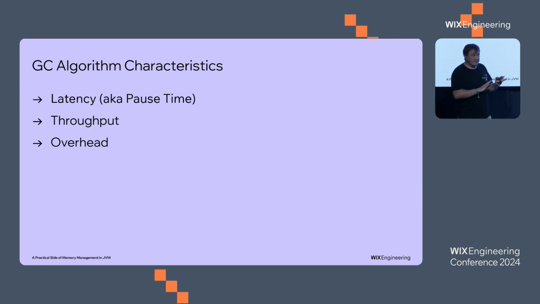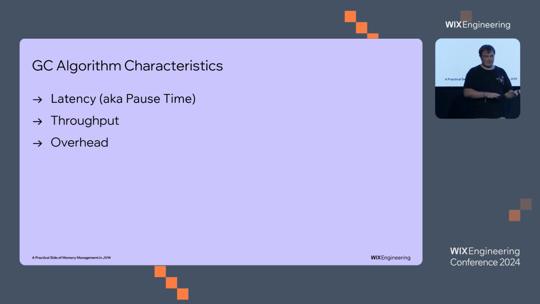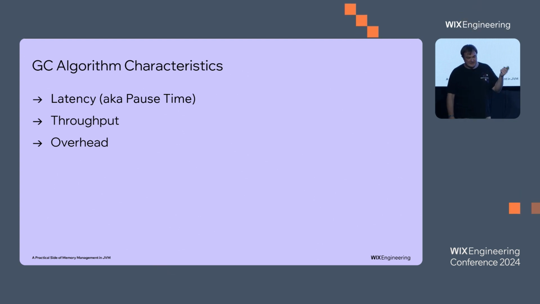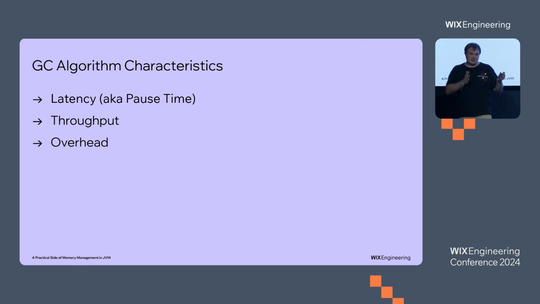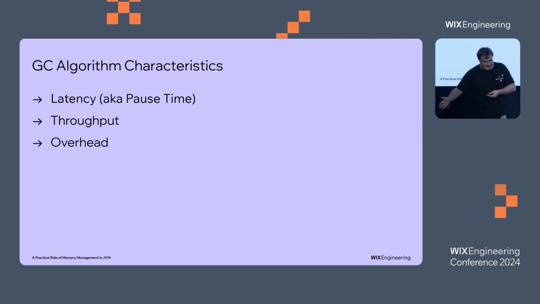We have two main metrics, two main characteristics of a garbage collector: latency and throughput. Latency is how many pauses your application suffers from garbage collector, and throughput is how much CPU resources GC uses against how much CPU is left to your application.